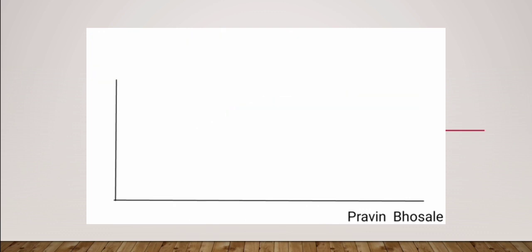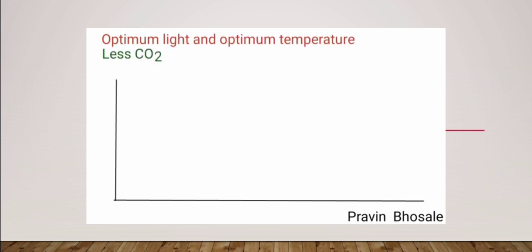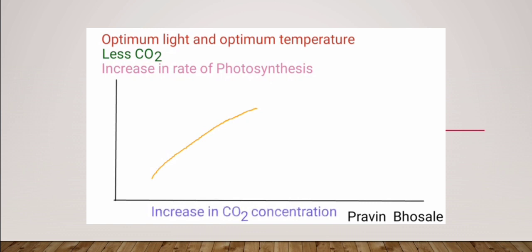So now there's optimum light and optimum temperature and less carbon dioxide. Further, increase in the rate of photosynthesis is possible only if there is increase in carbon dioxide concentration. So as the carbon dioxide concentration increase, there will be increase in the rate of photosynthesis.